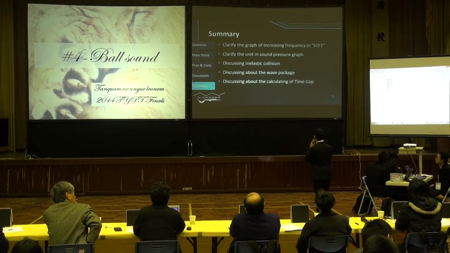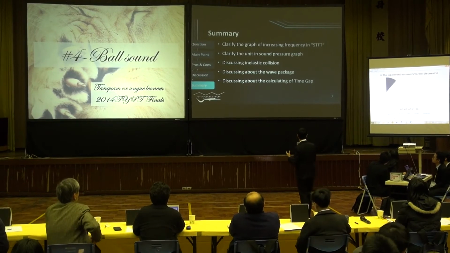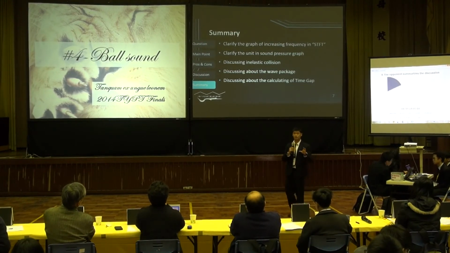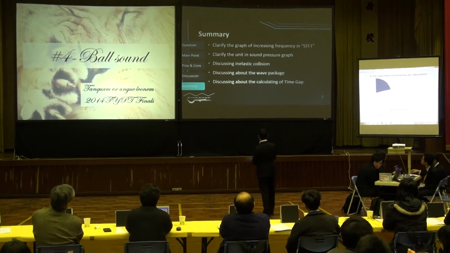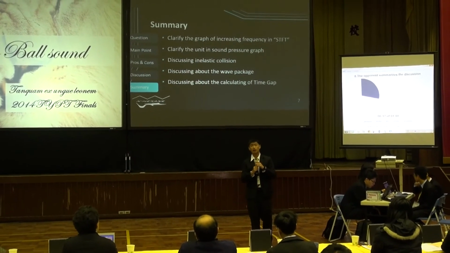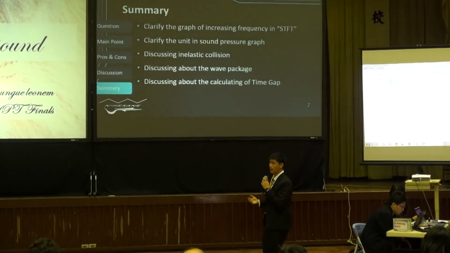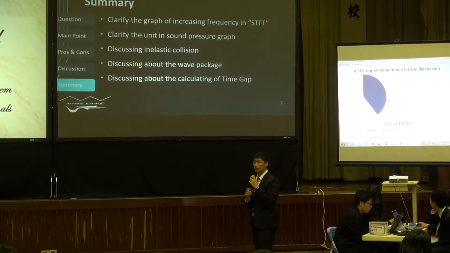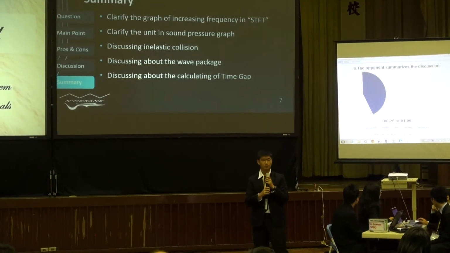But clarifying the unit of the sound pressure is only a comparison value of each pulse or each wave's amplitude. And we discussed the elastic collision and what will happen if a total elastic collision happens, which the reporter had a great answer, and I agree with him too.